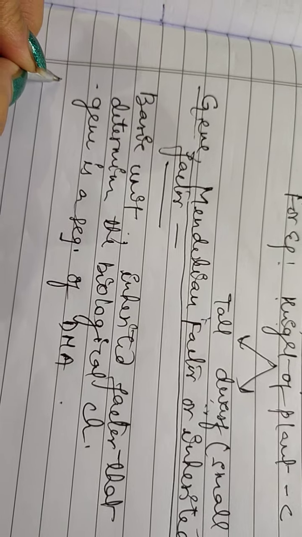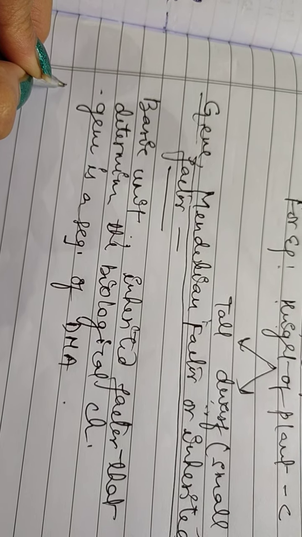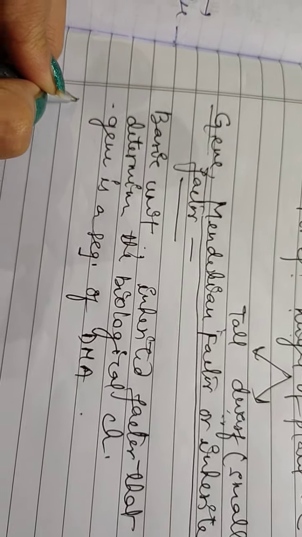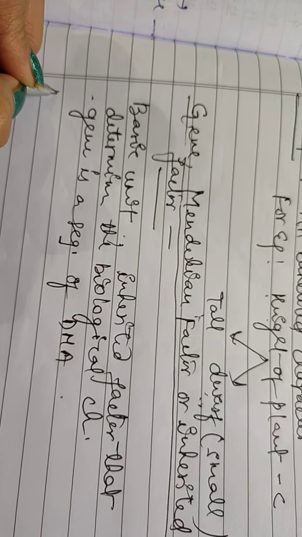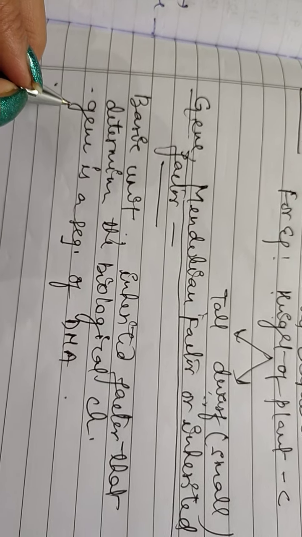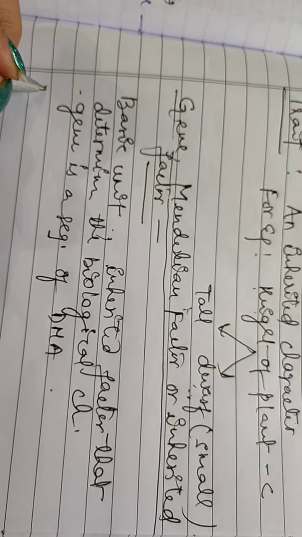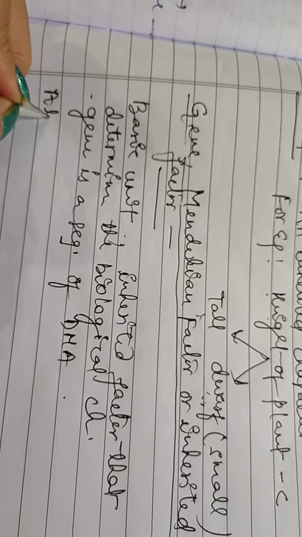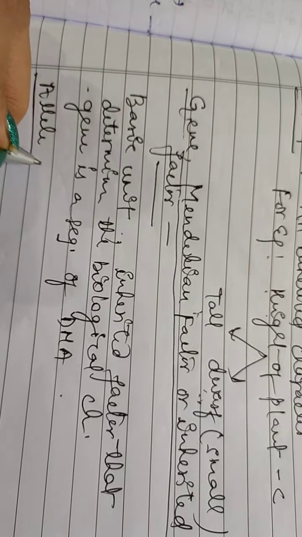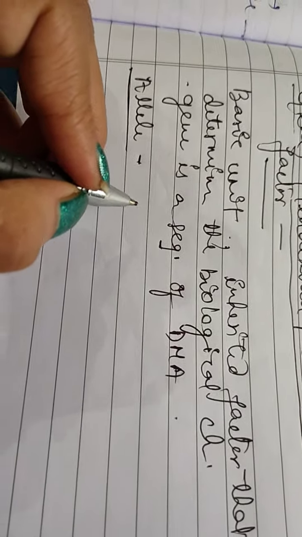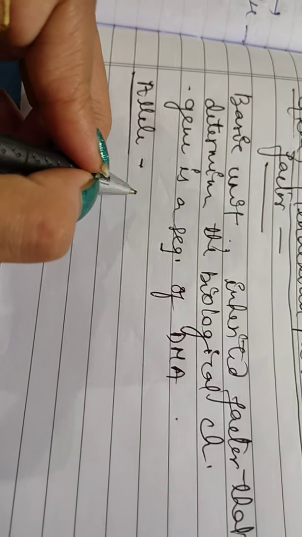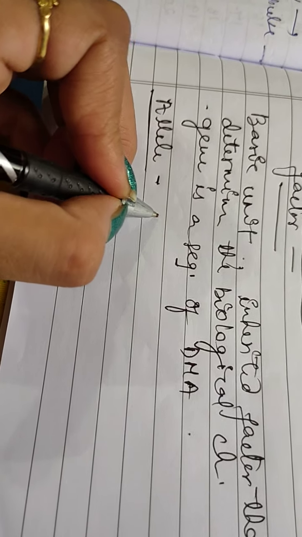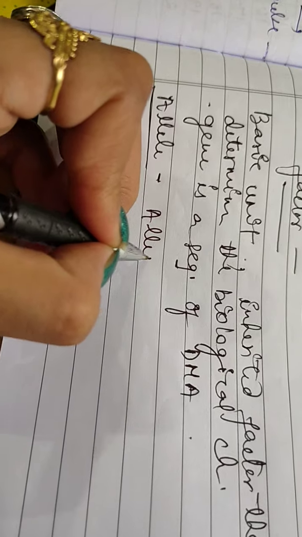So basically, the factor which was used by Mendel, it was gene only. Next is allele. Allele can be called as allelomorph also. It is an abbreviated form of allelomorph actually.